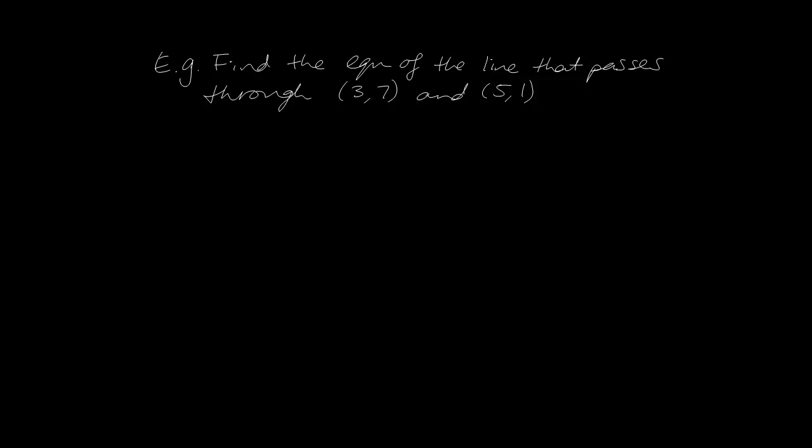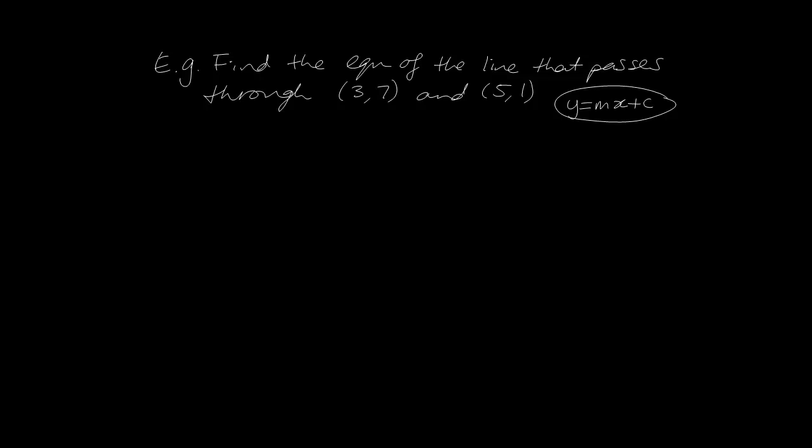Alright, so in this question we need to find the equation of the line, but we only know 2 points that belong to the line, right? So we know that our final answer needs to look something like y equals mx plus c. We certainly don't know what c is because we don't know where the line is going to cross over the y-axis. We could find out what m is though.